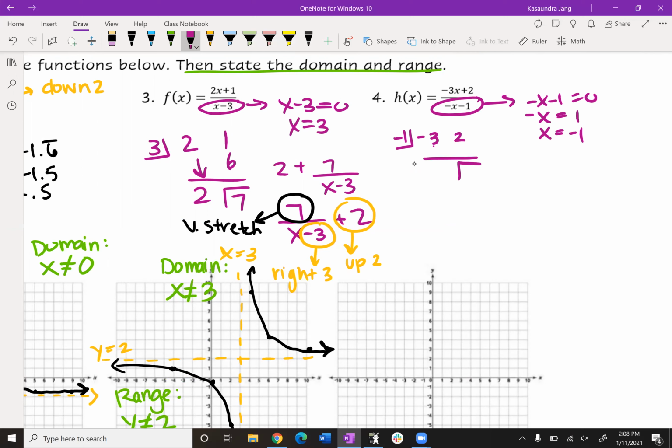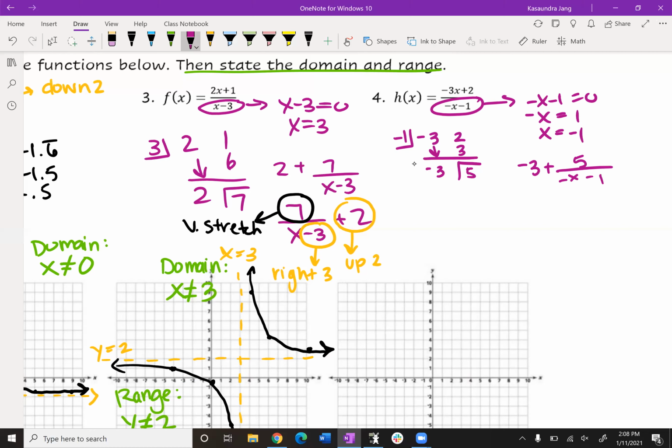So I bring down the -3, multiply by what's in the box, and add straight down. So then this gives me -3 plus 5 over, and I was dividing by -x minus 1. There we go.